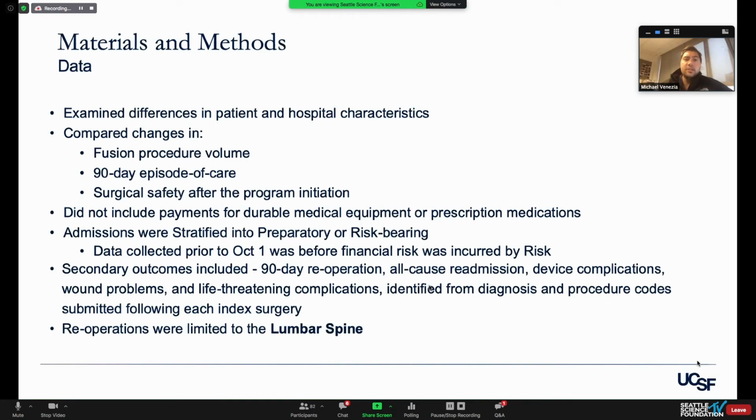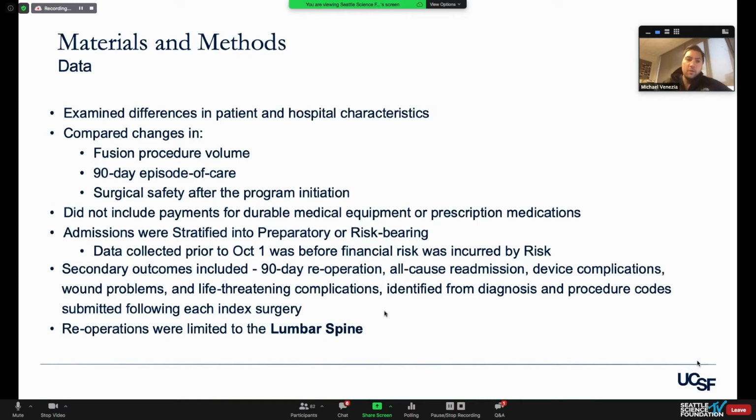So they looked at differences in patient and hospital characteristics, and they compared the changes in the procedure volume of fusions performed at those institutions, as well as 90-day episode of care and cost, as well as surgical safety after the program was initiated. It was sub-stratified into preparatory and risk-bearing, the difference being that the preparatory hospitals entered the BPCI program, but they were not subject to the financial risk of it, and the risk-bearing hospitals were actually subject to it.